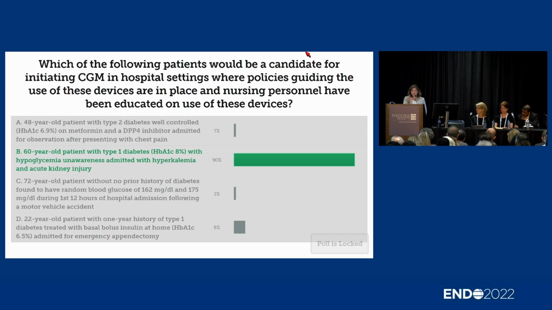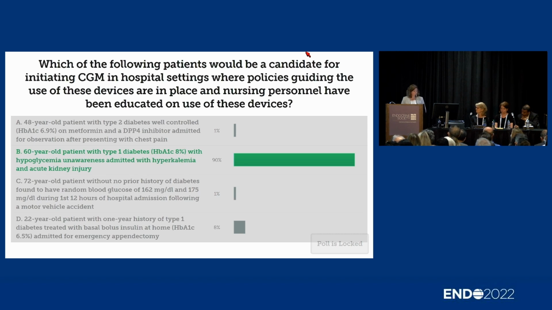But we also know that the mean absolute relative difference, which is how we look at accuracy with CGM, improves after day 2, certainly after day 1. So patients who are going to be in the hospital a very short time are less likely to benefit. Of course, those who are already on CGM, which we'll talk about briefly, will probably stand to benefit the most and will be the most comfortable with it.